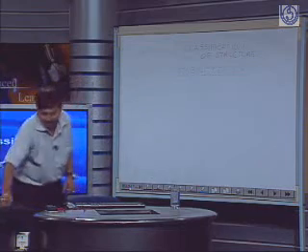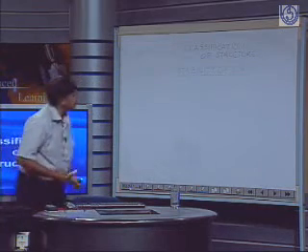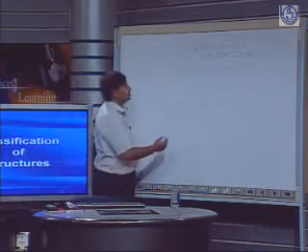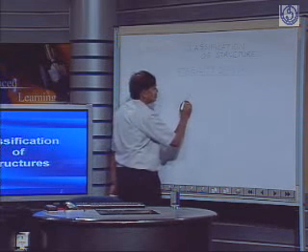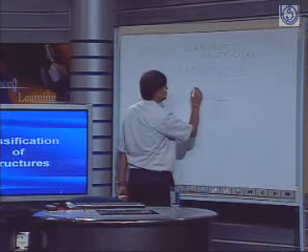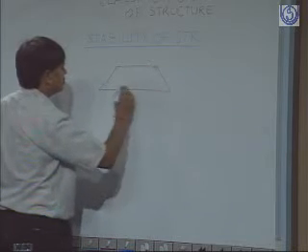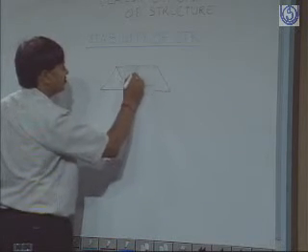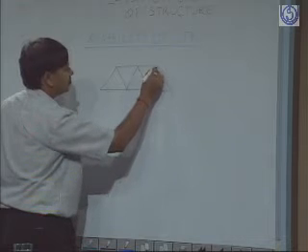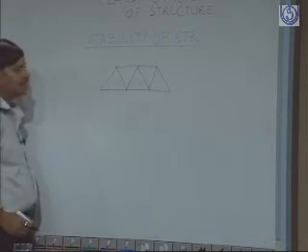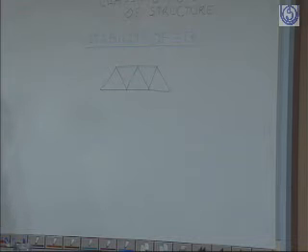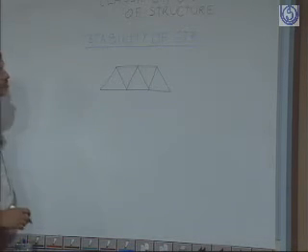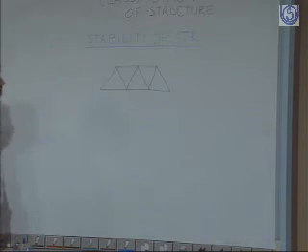So if you see in a plane, if there is a structure, say a truss is there, there are two types of stability.